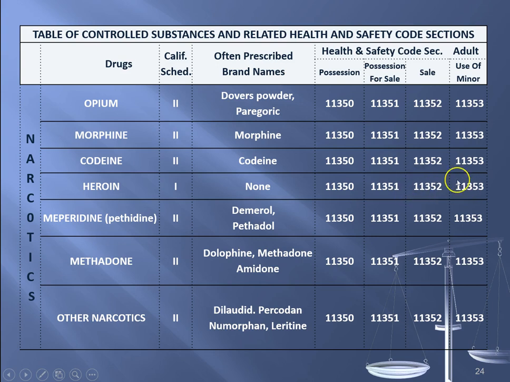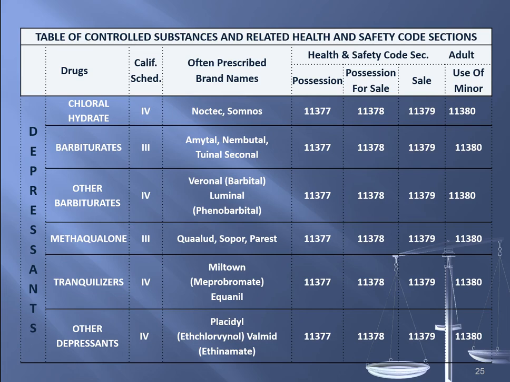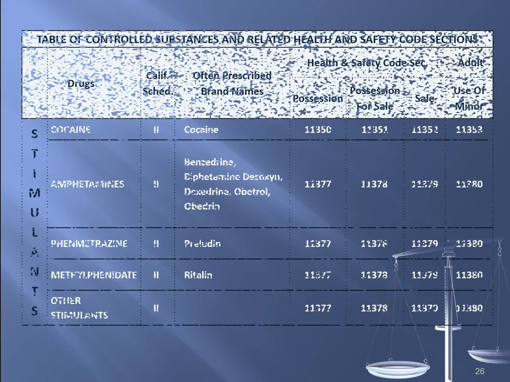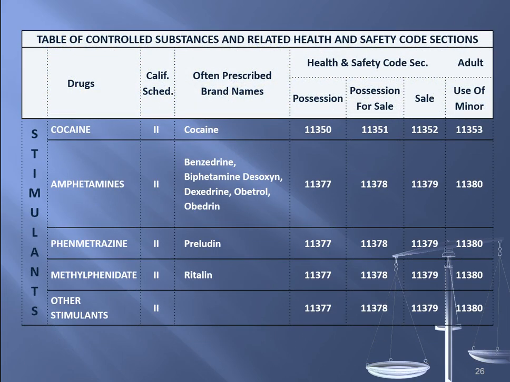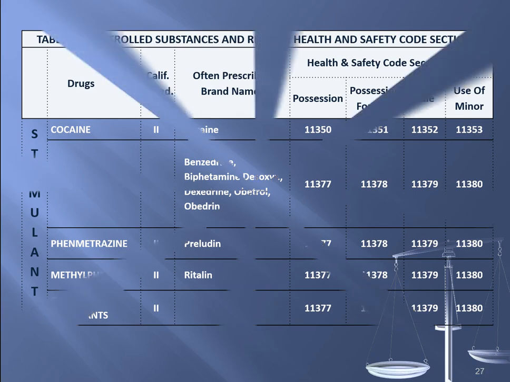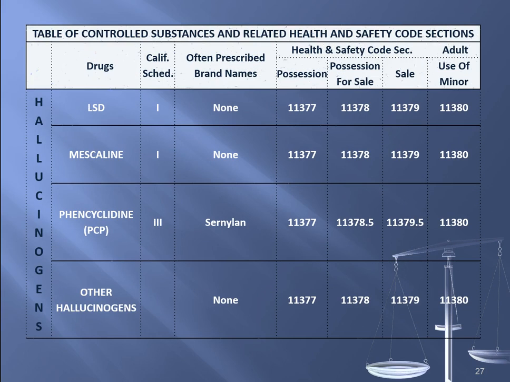And use by a minor would be 11353 of the Health and Safety Code. So we can go through these and you can look at all the different ones that are there, and it'll help you again discern the different drugs and where they fit and what have you.